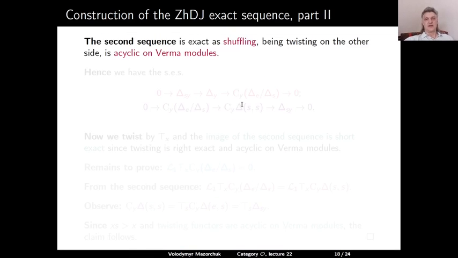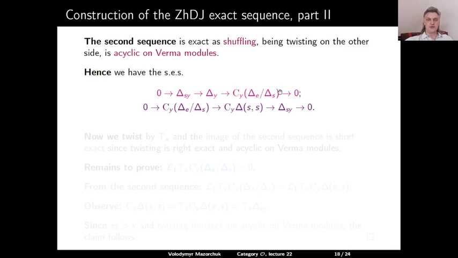But we know that shuffling is the other side of twisting, and twisting is acyclic on Verma modules. So the homology of shuffling functors on Verma modules, similarly to the homology of twisting functors on Verma modules, vanish. Therefore, we actually have 2 short exact sequences as indicated here.